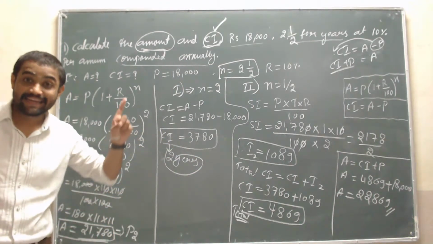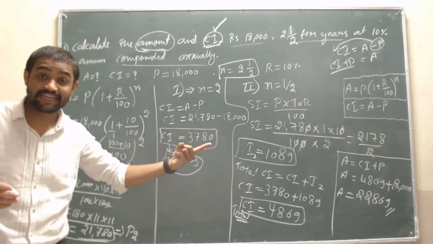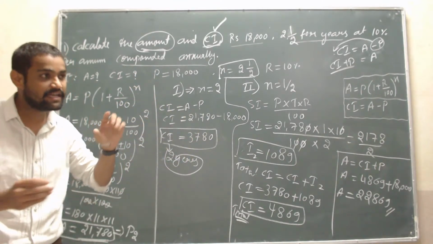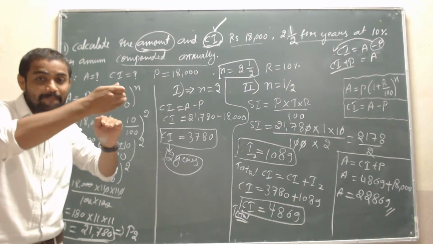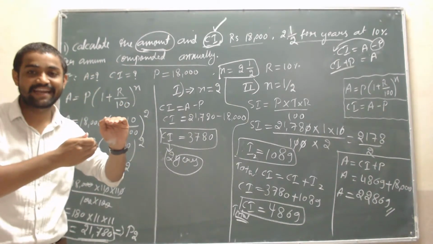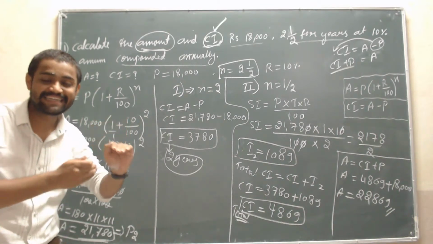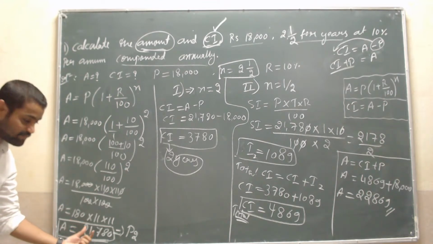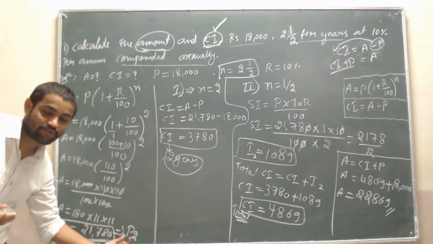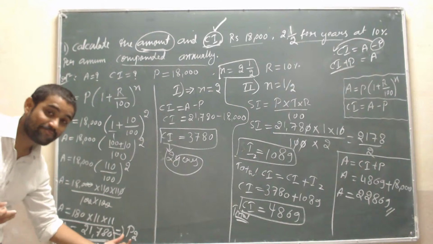Why sir? In the previous video I have explained with one example, isn't it? First the simple interest we took, and that interest becomes the principal amount next year. Like that it becomes. That's why this amount becomes the principal amount.